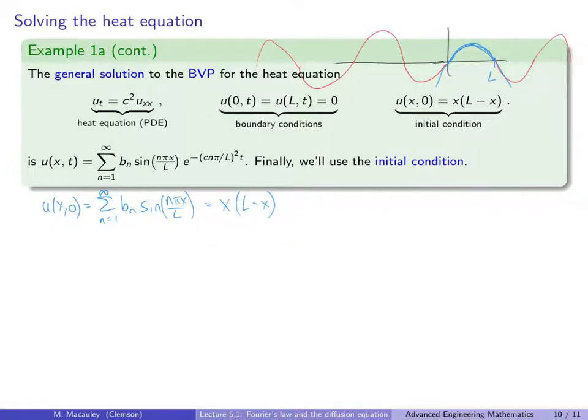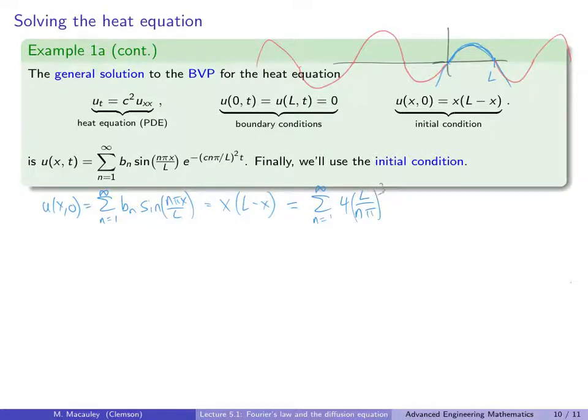And we've actually done this for this particular function, or almost this particular function. I think when we studied Fourier sine series, I did this one where L equals 1. So it's not much harder to change 1 into L, and let me just tell you what that is. So if you do that, you get the sum from n equals 1 to infinity of 4 times L over n pi quantity cubed.